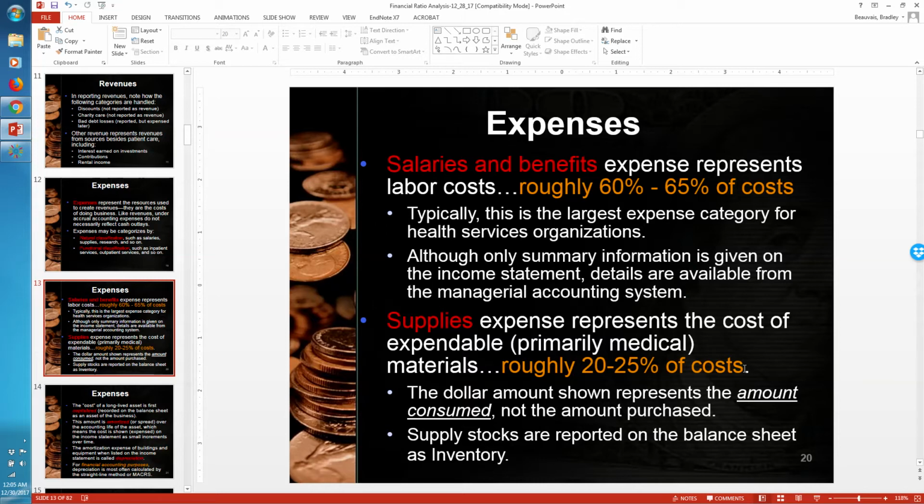Well, in the course of the reporting period, by the time I actually have to prepare the income statement, I've used one of those pallets, right? The other 2 pallets are carried in inventory on the balance sheet, okay, and are used or basically expensed out when they're actually put into use and actually in the process of healthcare delivery.